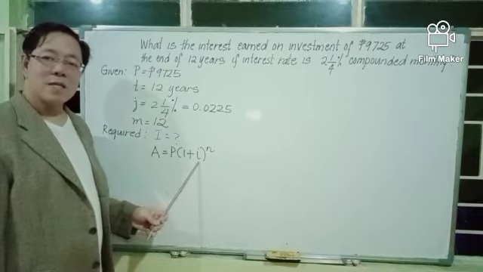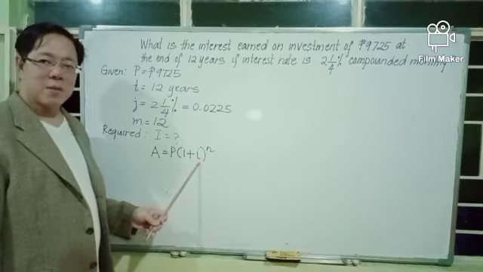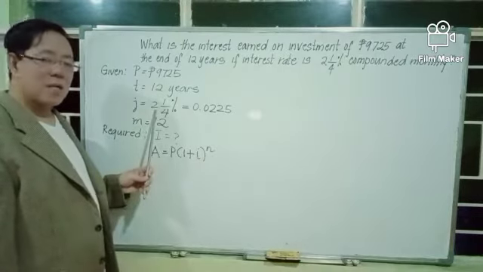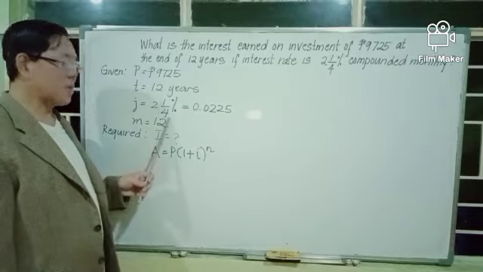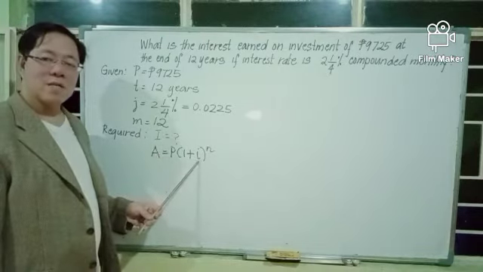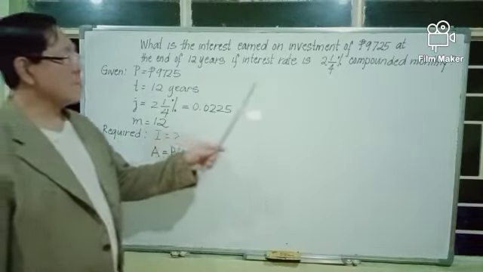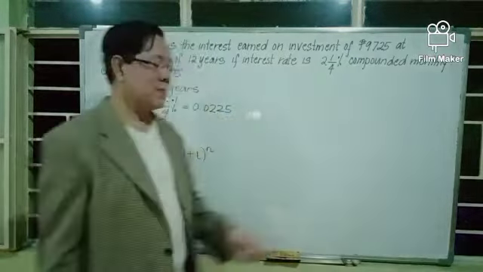Small I is the interest rate per month or per conversion period. What we are given is the interest rate per year, that's per year. So we compute the interest rate per month because the interest will be computed monthly.